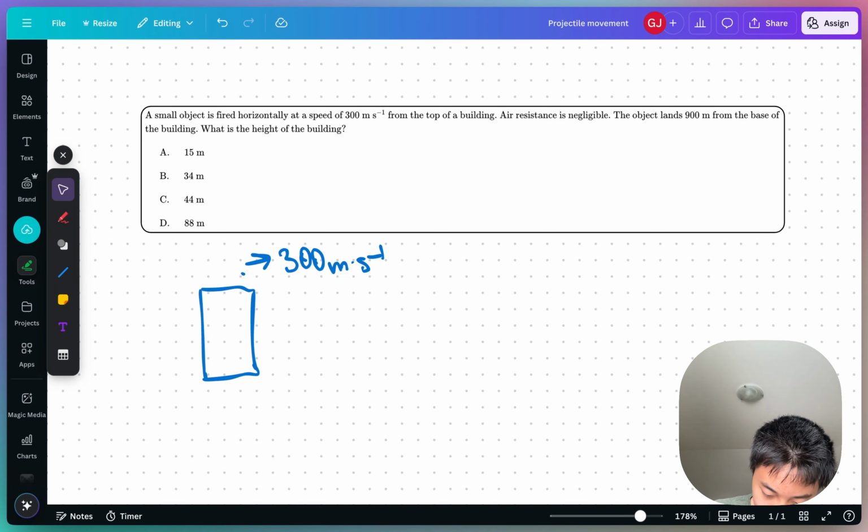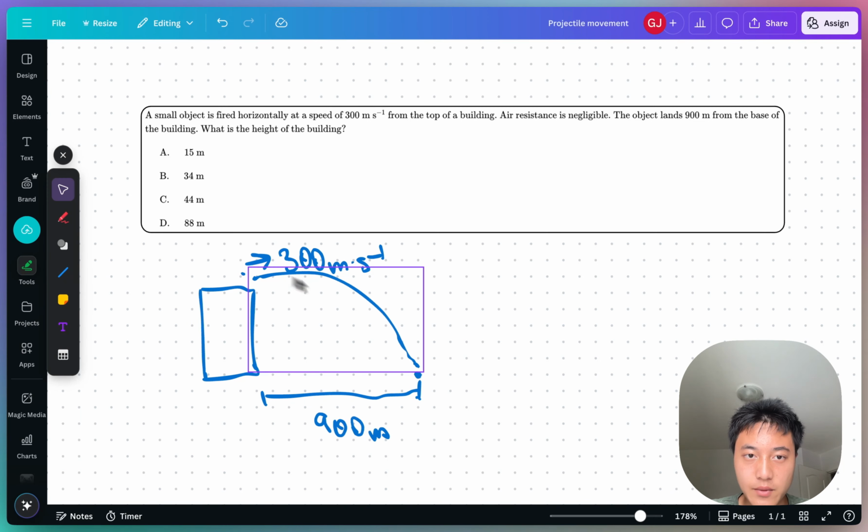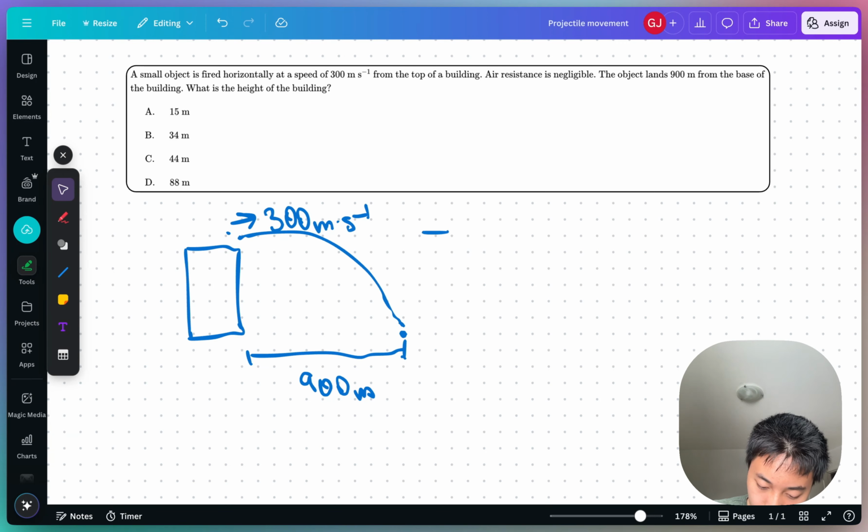And let's say it lands here, which means this distance is 900 meters. And it's fired horizontally, so it's going to be something like this. That's the movement. And we want this height. So yeah, that's all we're given.